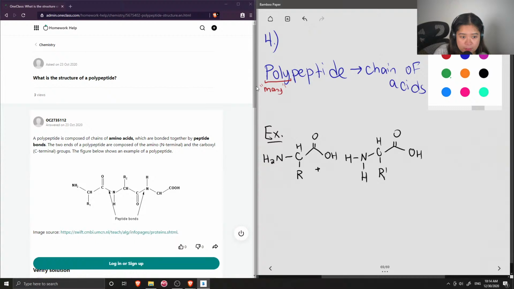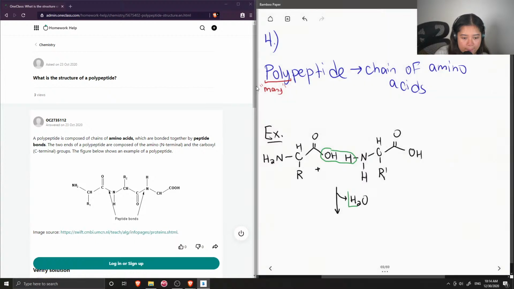So what happens is a dehydration synthesis that involves the removal of water so that these 2 molecules can come together to form a larger molecule. And this continues, and you can have a long chain of amino acids.